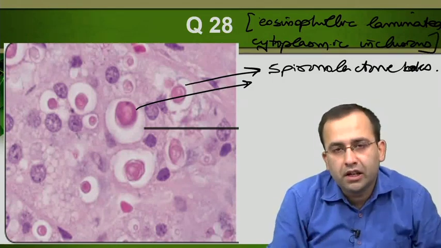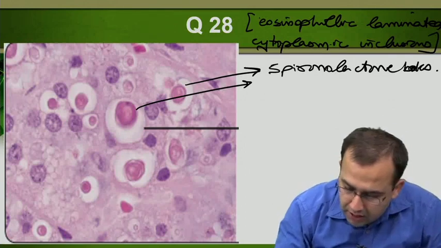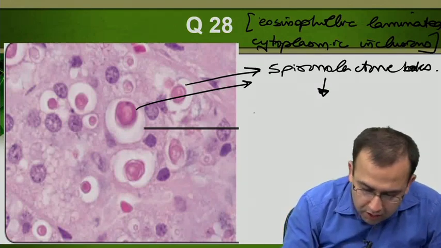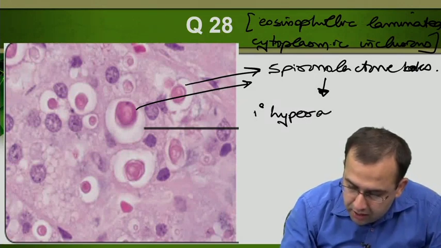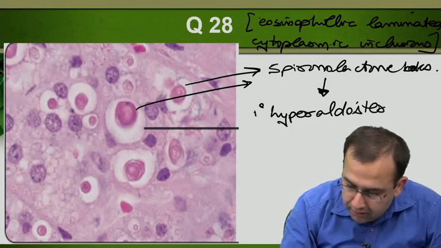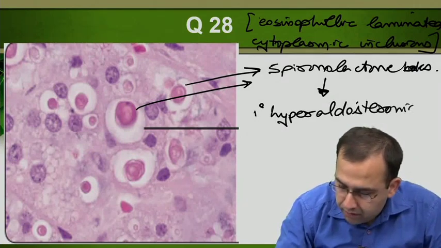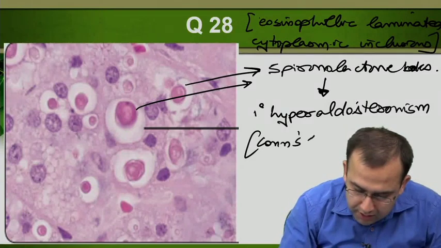This is exactly what a classical spironolactone body looks like. Associated with primary hyperaldosteronism, that is Conn's syndrome.